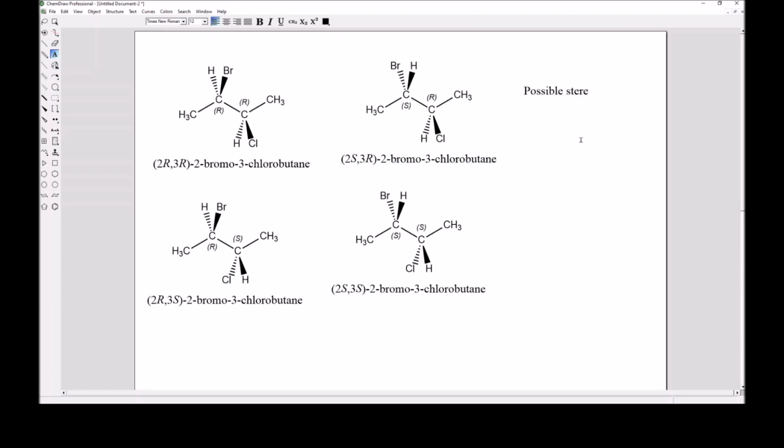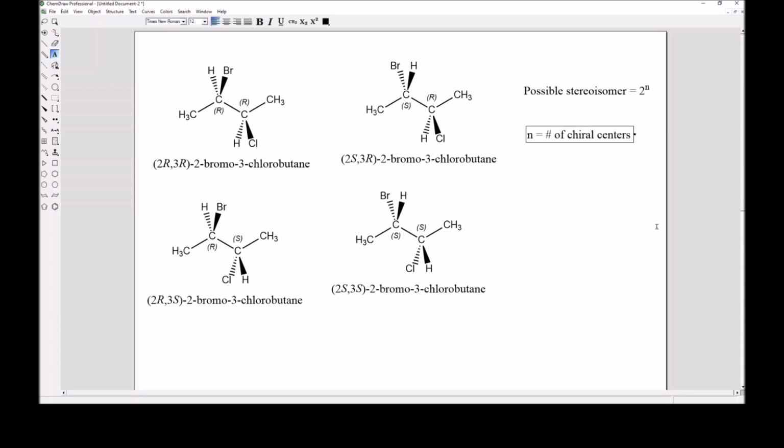The possible stereoisomers that you can find for any compound is equal to 2 raised to the power of n. Well, what is n? n is equal to the number of chiral centers.